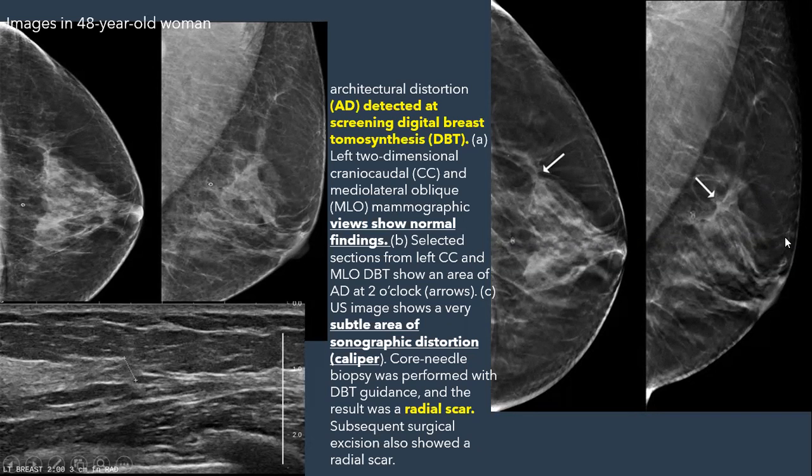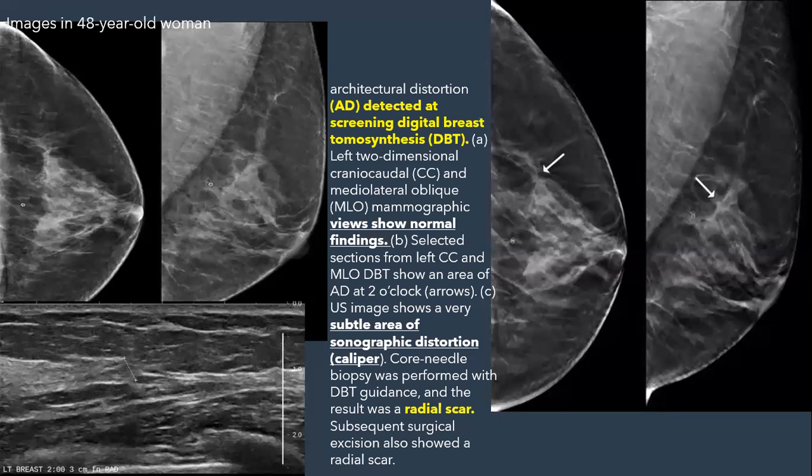But without seeing the abnormality on the 3D, definitely it would be passed as normal, and here they reported it as normal. But tomosynthesis demonstrates a subtle area of architectural distortion, and ultrasound demonstrates a very subtle area. The biopsy result was a radial scar.